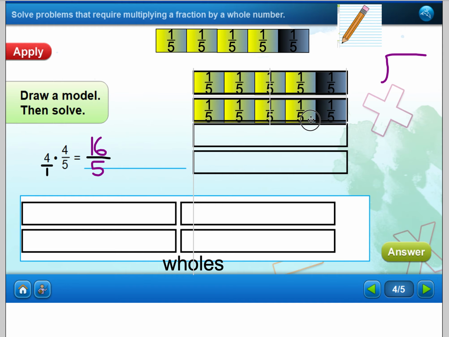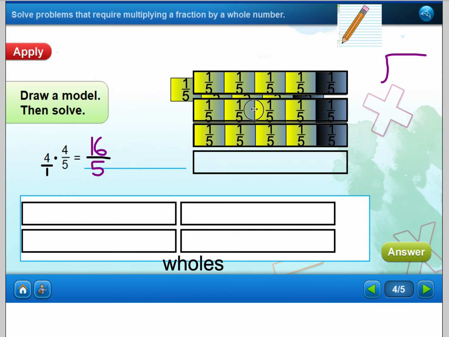You don't have to color them in. I use yellow here as an example. But here I have 4/5 times 4 wholes. And when I count them: 4, 8/5, 9, 10, 11, 12/5, 13, 14, 15/5, and 16/5. Good, so that actually works.